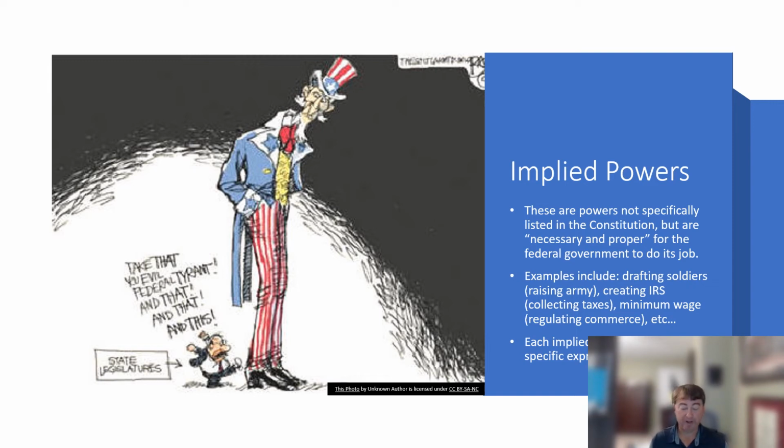Another example is the federal government has the power to collect taxes. Well, one of the things the federal government has done to help collect taxes is create the IRS, the Internal Revenue Service, which basically can audit you, can come and investigate you or investigate a business and determine, are you paying the taxes that you're supposed to be paying?